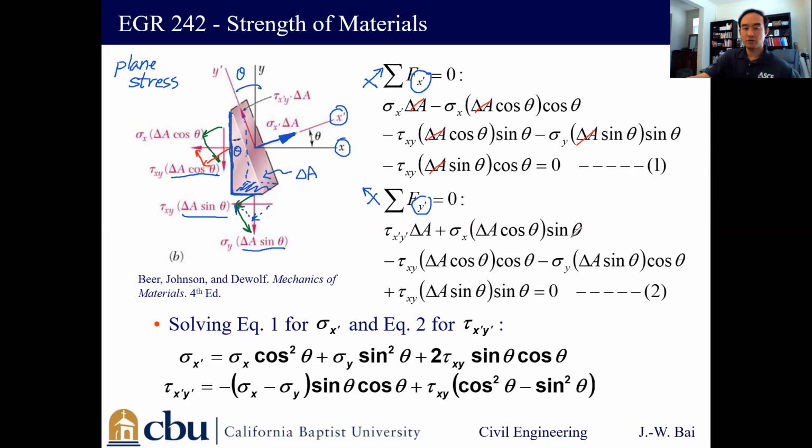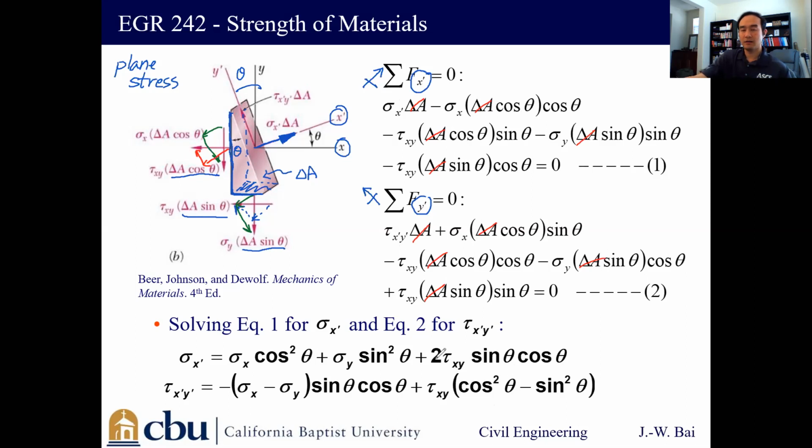And for equation number 2, do the same thing for tau x prime y prime: divide by delta A for everything, and solve for tau x prime y prime. Everything goes to the other side. This is the equation.